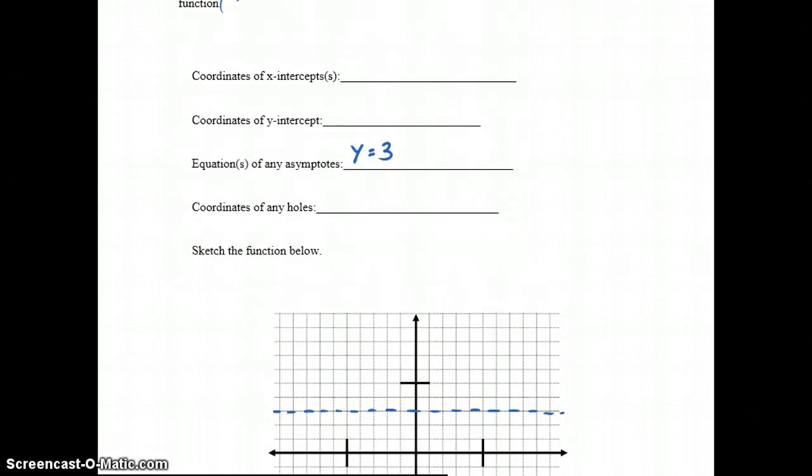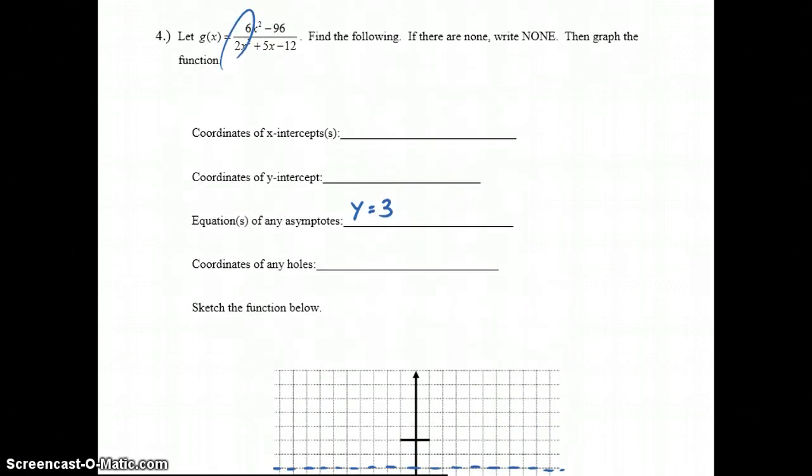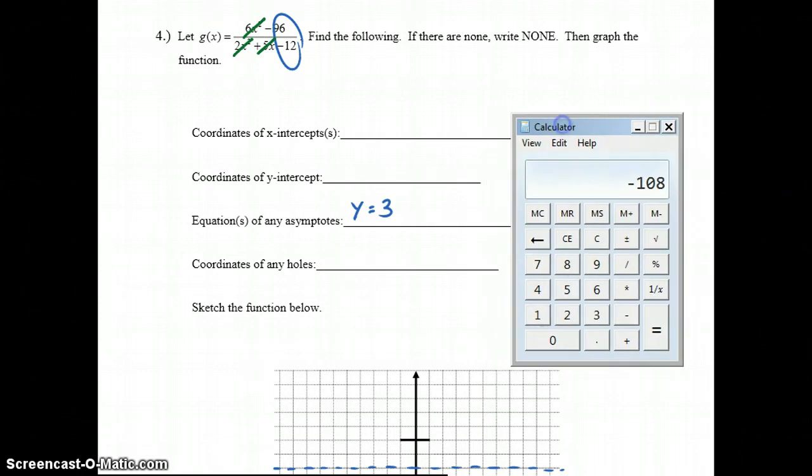Alright, what else can I get from the function in the form it's in right now? Well, the negative 96 over negative 12 is going to be my y-intercept, because if I make x equal to 0, all of these terms will cancel out, and I'm left with negative 96 over negative 12. That's not right.